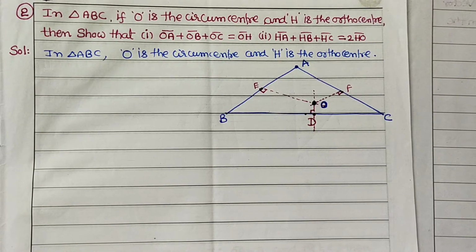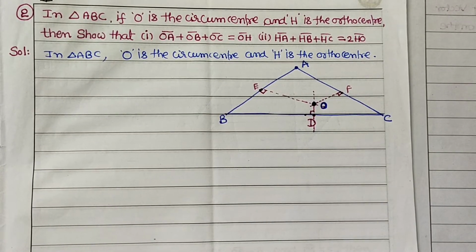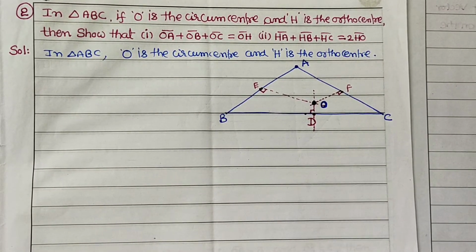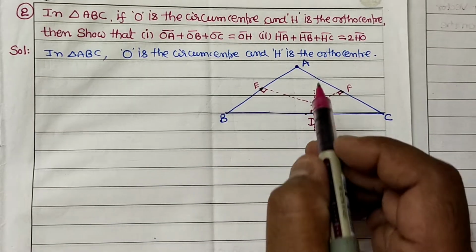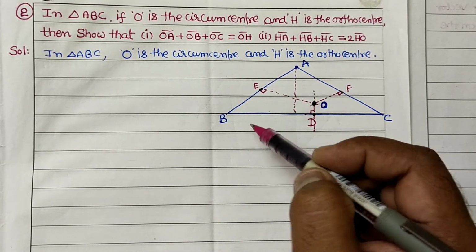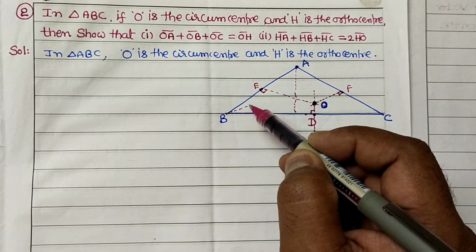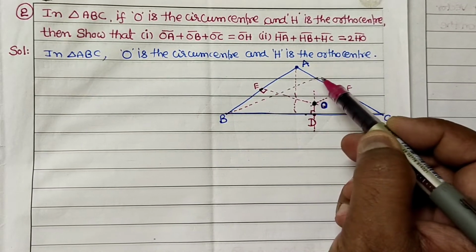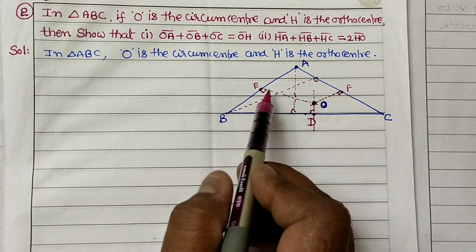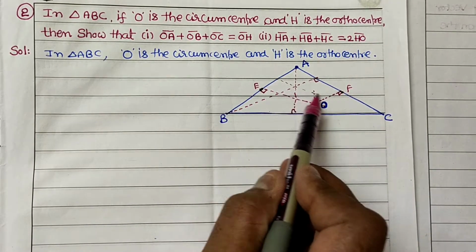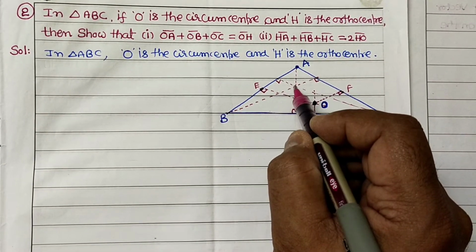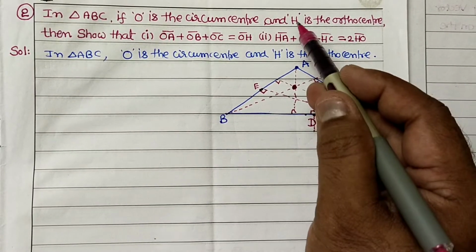Similarly, the point of intersection of altitudes is called the orthocenter. So here, this is our altitude through A, this is altitude through B, this is altitude through C. So the point of intersection of altitudes is called orthocenter.